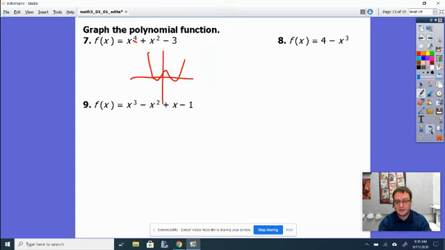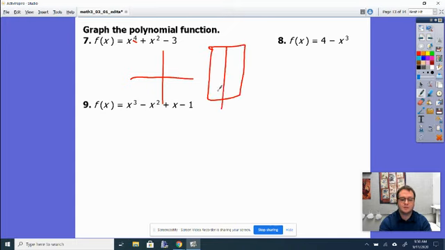Now it does say to graph, not to sketch, so I do need to create that table of values for this problem. Now again, let's put this in standard form. Sorry, the negative is with the x. This one's already in standard form, so I would just graph this and make a table.